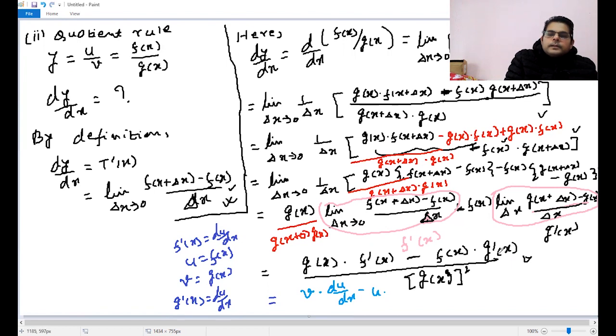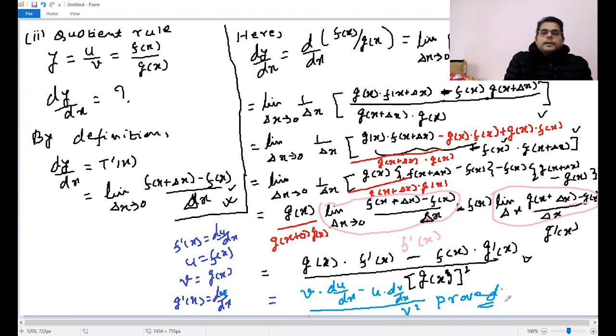Then g dash x means derivative of v, so it is dv by dx, and the whole thing is divided by gx squared, and g itself is v, so you write v squared. Hence the quotient rule is also proved.